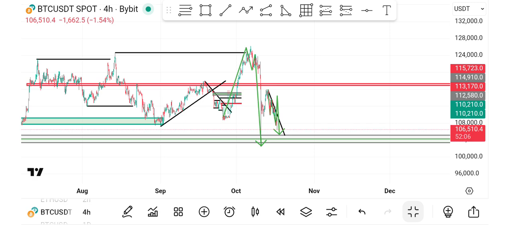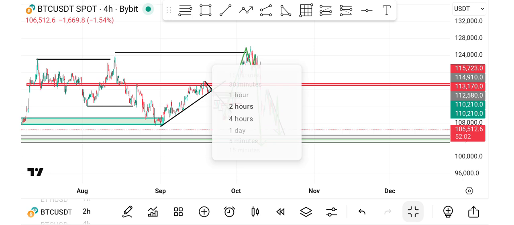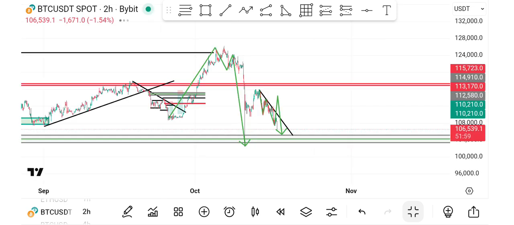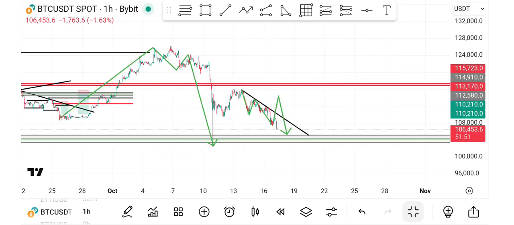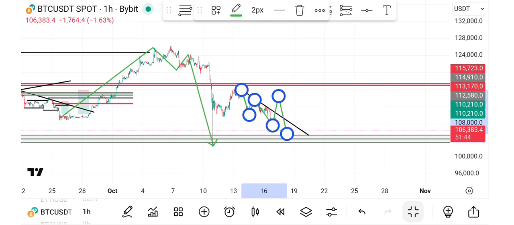So we look towards the internal range. We go to the lower time frame to analyze the internal range of the market. We can see that BTCUSD is moving in this manner, right?